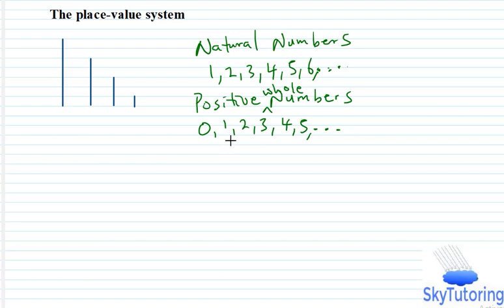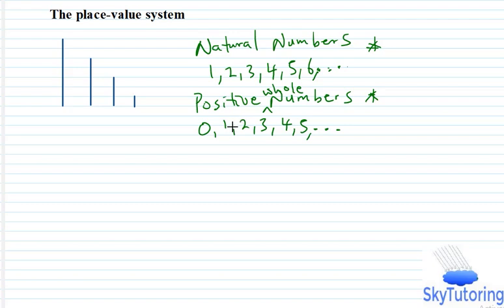These numbers start from 0. So the difference between the positive whole numbers and the natural numbers is that positive whole numbers start counting from 0, while natural numbers start counting from 1.